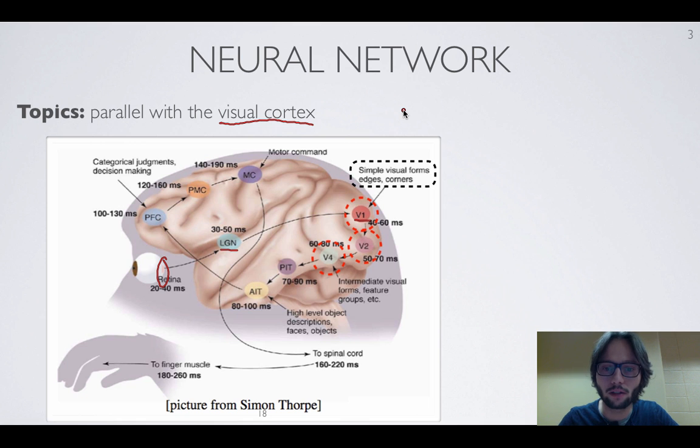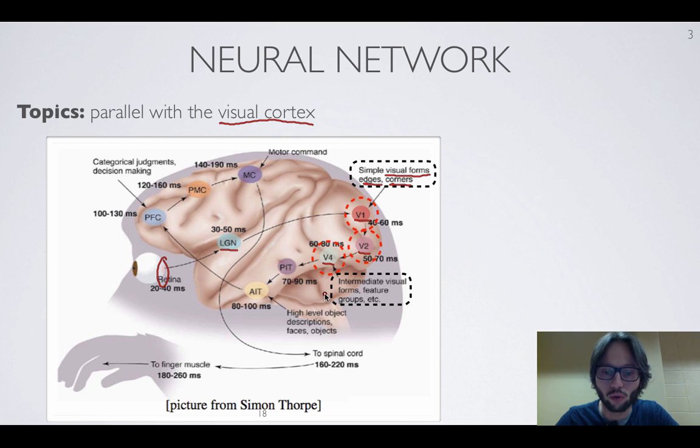Now, V1 is known to have neurons that are sensitive to particular simple visual forms like edges and corners. And then the activity of these neurons influences the activity of another region called V2. And then eventually it reaches another region called V4, which now starts extracting some features related to more intermediate visual forms or features.